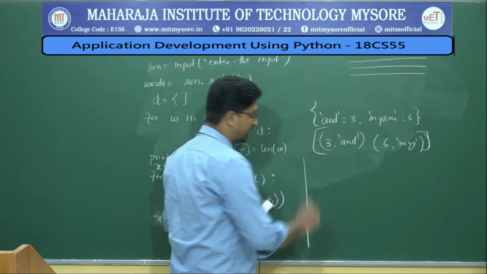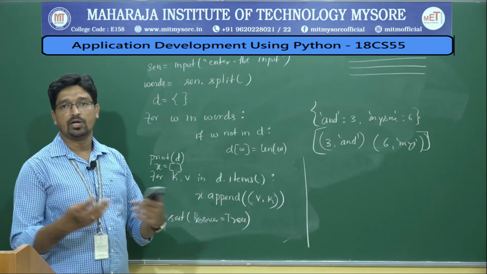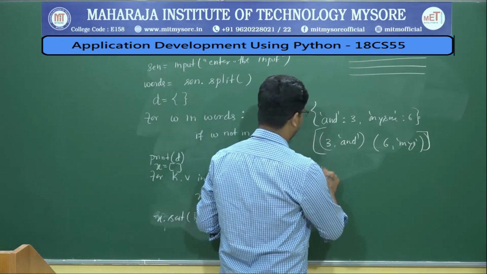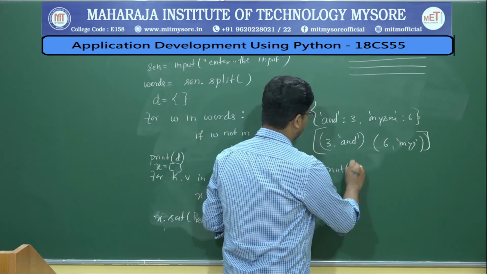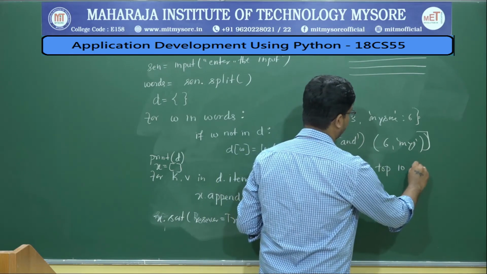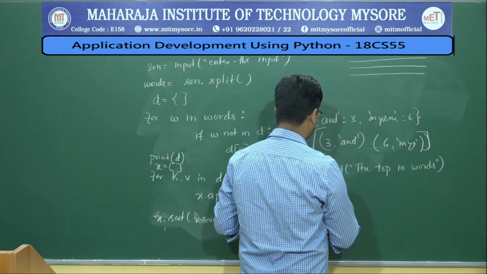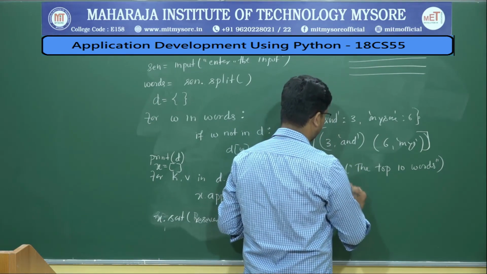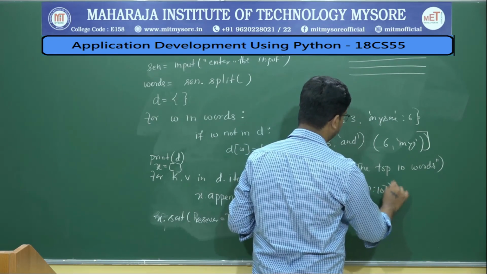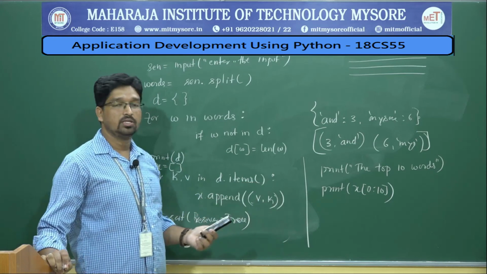Next, after printing, what you should do? Let us print. If you want the top 5 words or top 10 words, you can get it. So let us say print the top 10 words. For that you will print x of 0 to 10.